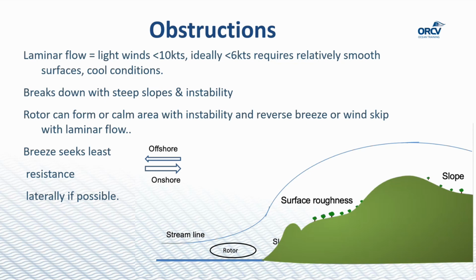Trees, for example, break it up and will make it become turbulent. And that has different characteristics. If the hill goes up smoothly, comes down smoothly, the same effect is offshore or onshore.